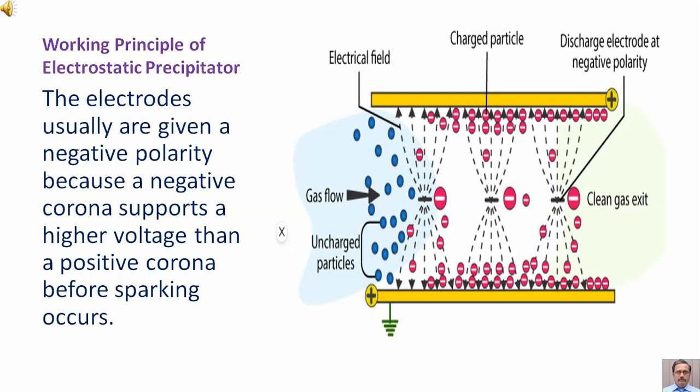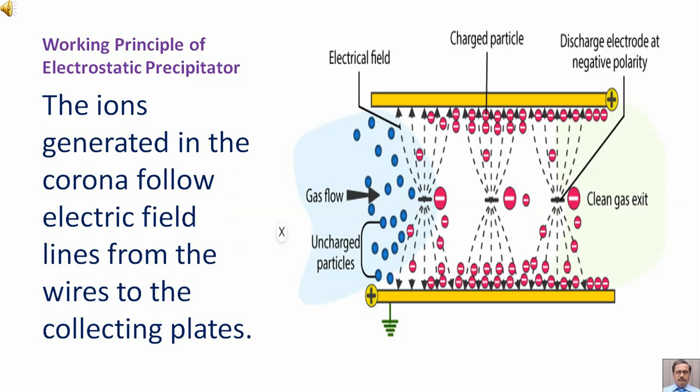The electrodes usually are given a negative polarity because a negative corona supports a higher voltage than a positive corona before sparking occurs.